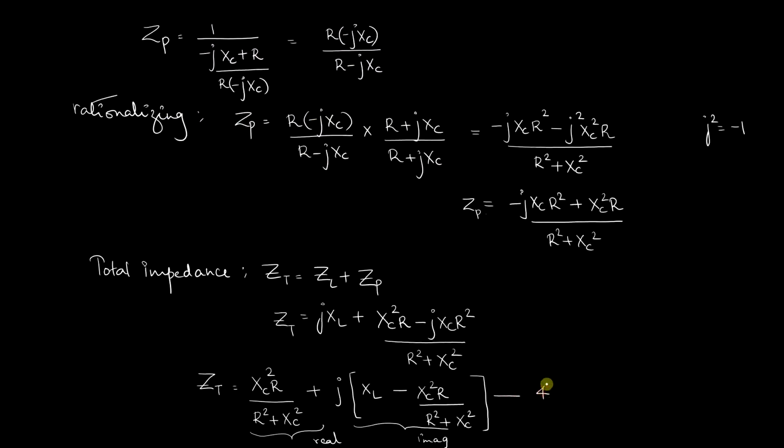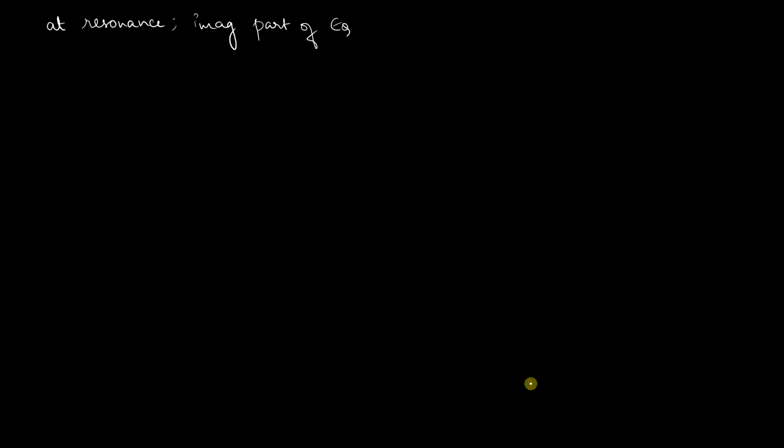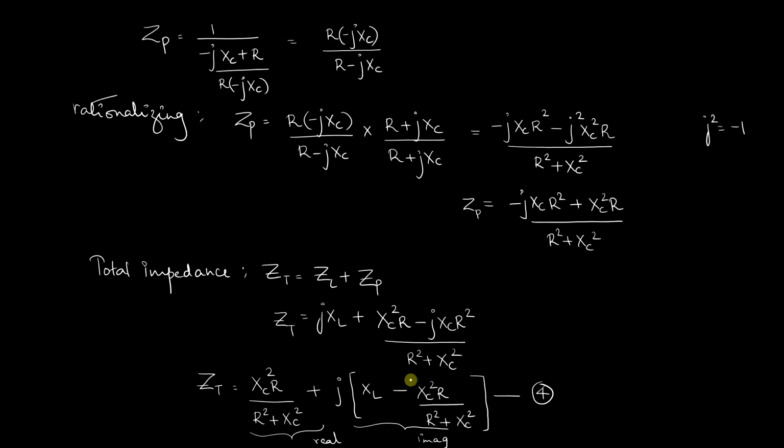At resonance, the imaginary part of equation 4 is equated to 0, and you will have XL minus XC square R divided by R square plus XC square equal to 0, or I can equate XL to be equal to XC square R divided by R square plus XC square.